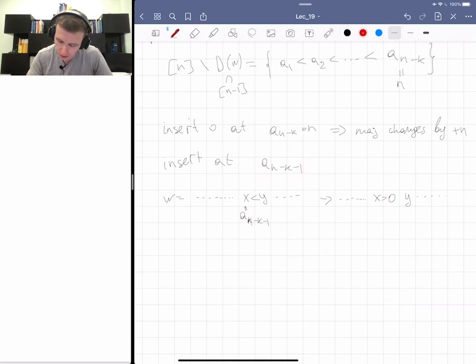Then I get that all these elements to the right, they form descents.